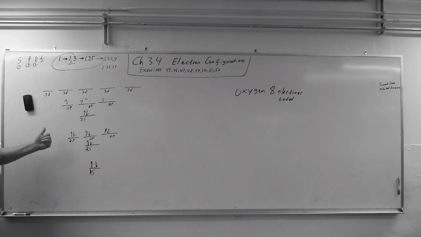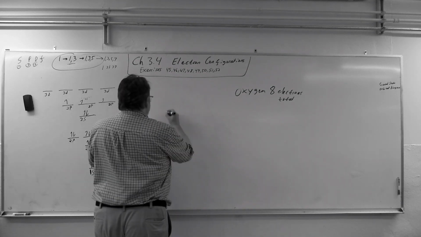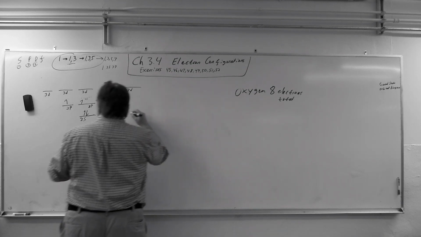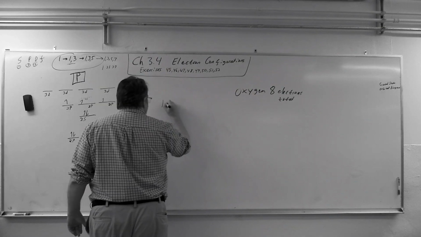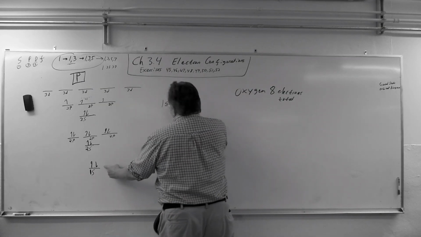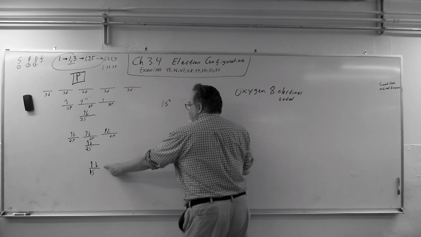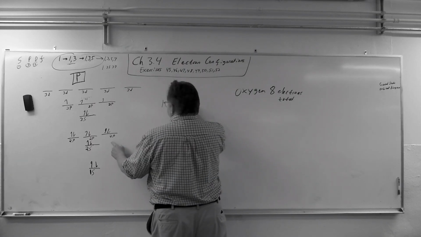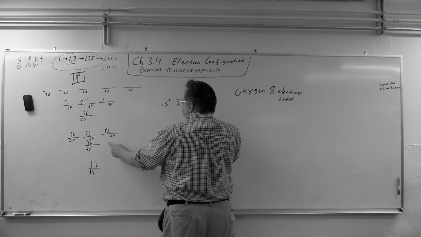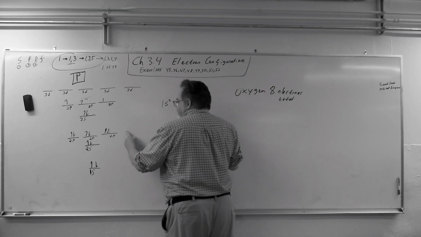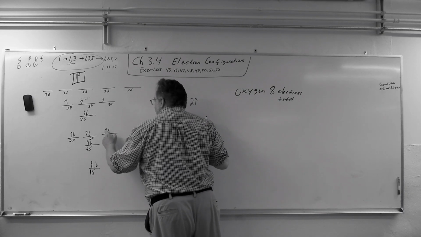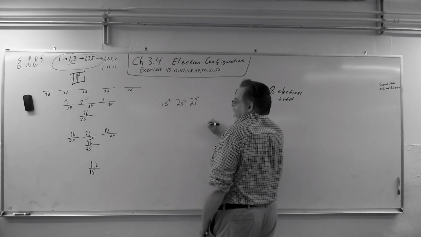But here's another way to represent the electron configuration for phosphorus. 1s, and there's 2 electrons, so we do a superscript. And then there's 2s, and there's 2 electrons, we do a superscript. And then there's 2p, and there's 1, 2, 3, 4, 5, 6, so we'll put 6 there.